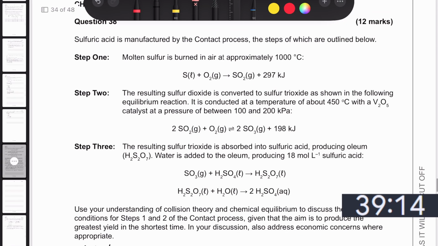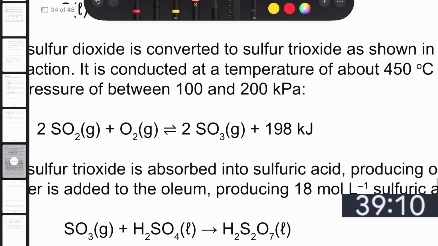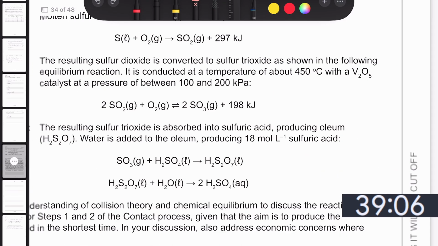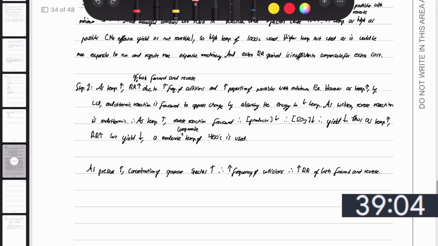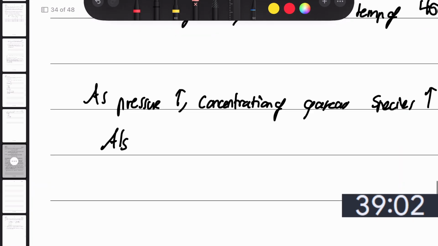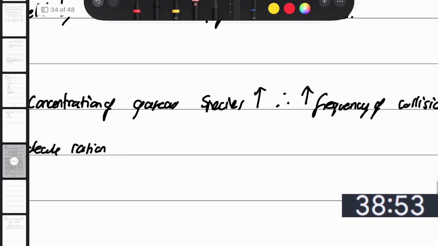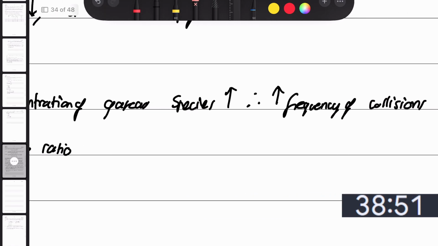And then let's see, when pressure increases, we're going to want to go to the right. Also the gaseous molecule ratio is 3 to 2.